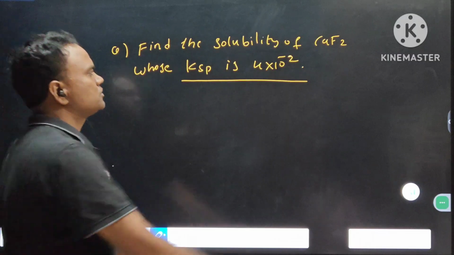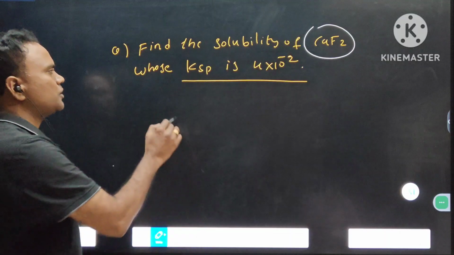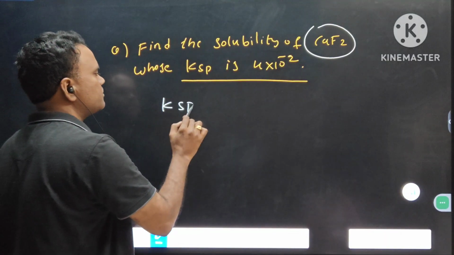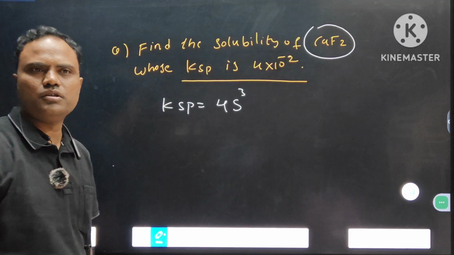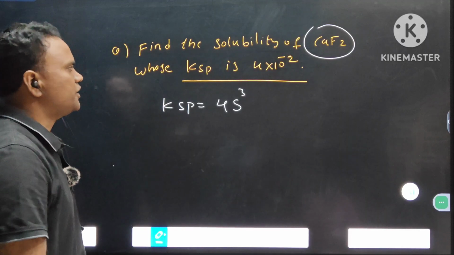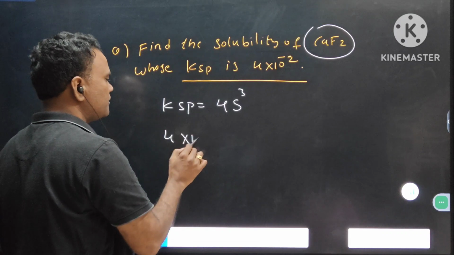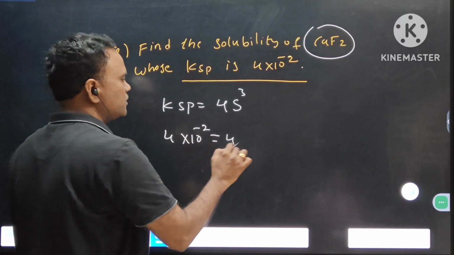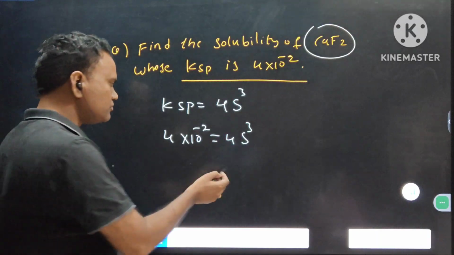What is the solubility product for this? This is of the AB2 type. For AB2 type, Ksp is equal to 4S cube, correct? Ksp given is 4 into 10 power minus 2, which is equal to 4S cube.